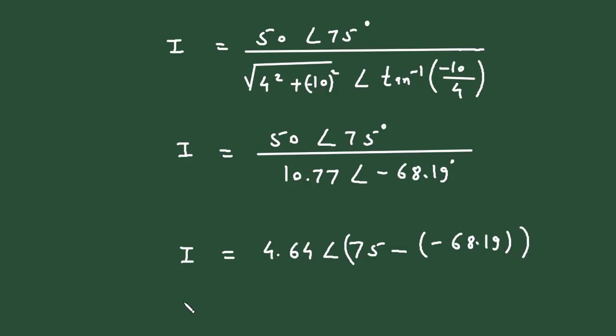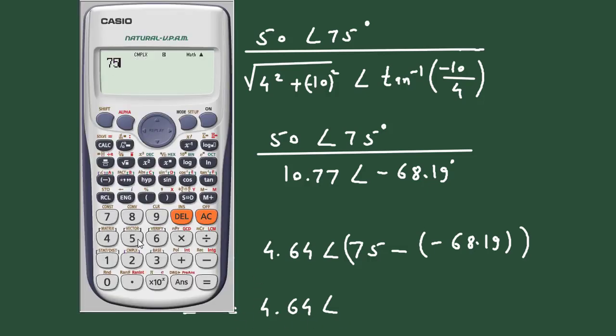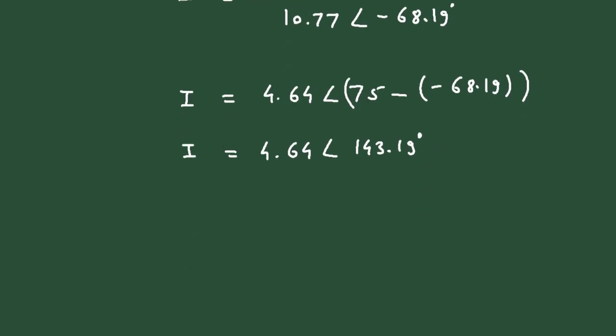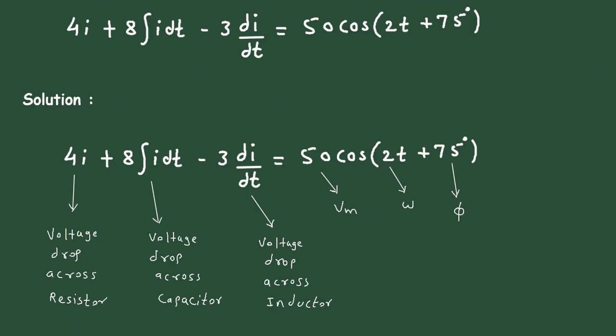So therefore I is equal to 4.64 at an angle 75 minus in bracket minus 68.19, so it is 143.19 degrees. So this is the value of current in polar form or phasor form.